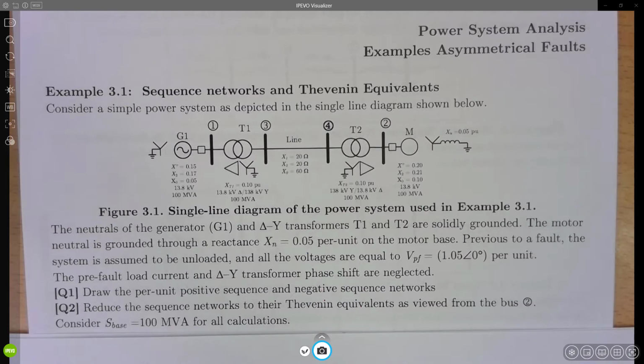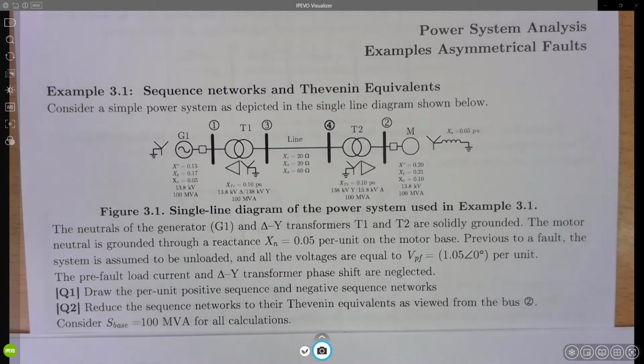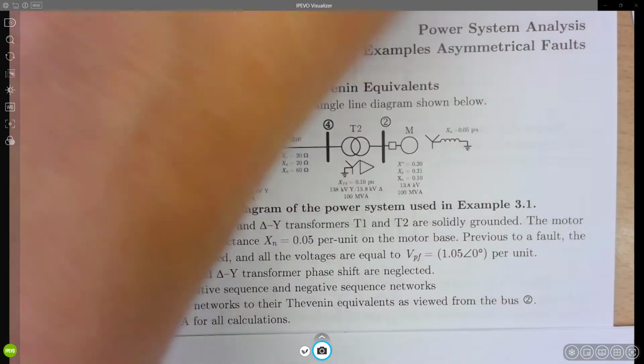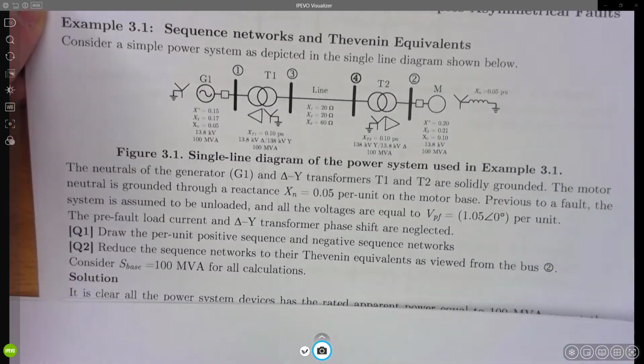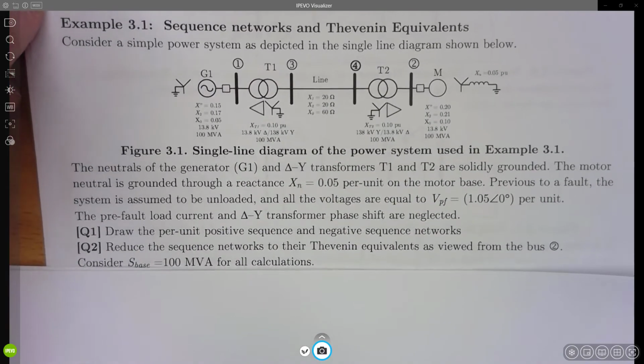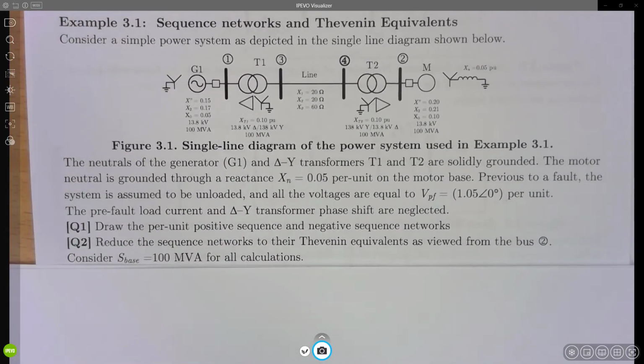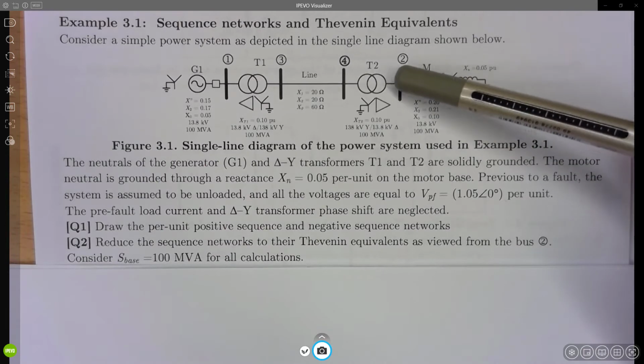For simplicity, we will assume all per unit quantities are referred to the same base, and that base is 100 MVA. Extremely simple: we want the sequence networks, and we want to calculate the equivalent Thevenin model, but all the Thevenin equivalent models, for positive, negative, and zero sequence, will come from bus bar number 2.